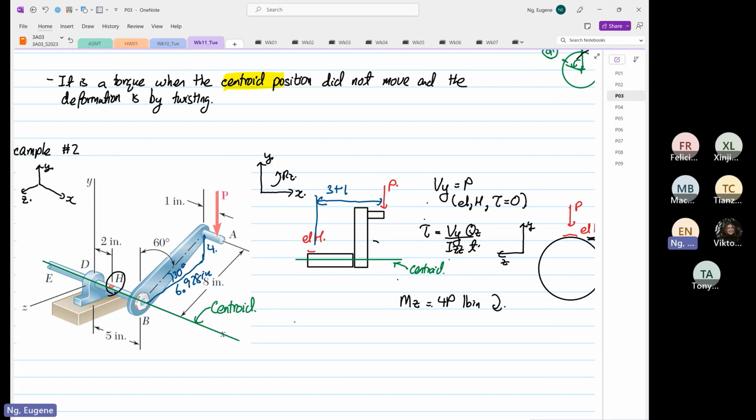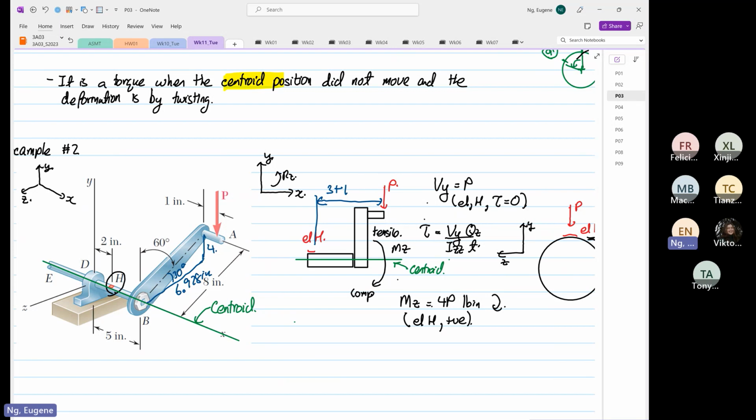So now this is our moment in Z, and then it's going to be compression, and it's going to be tensile over here. So based on moment in Z, element H is going to be tensile.